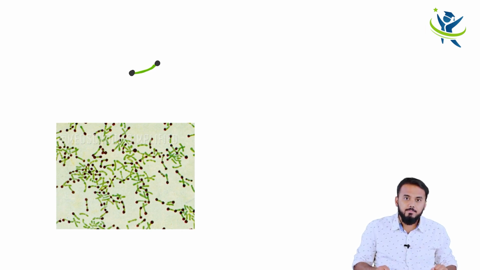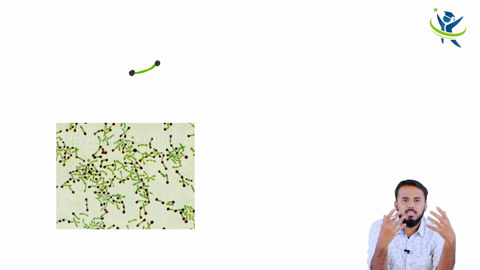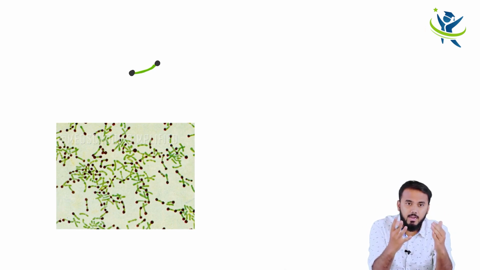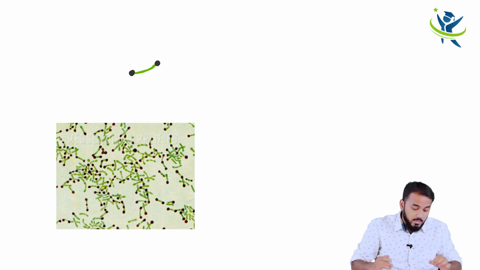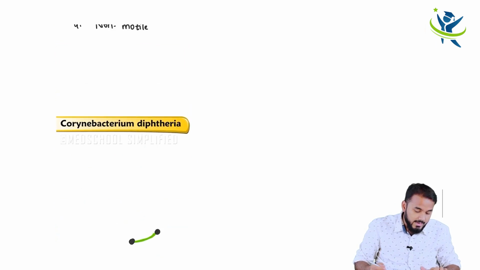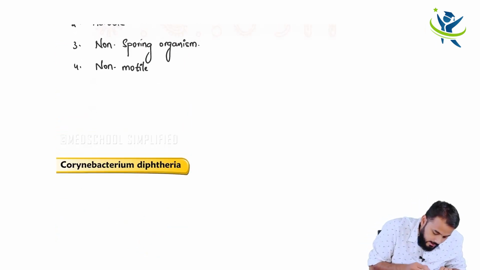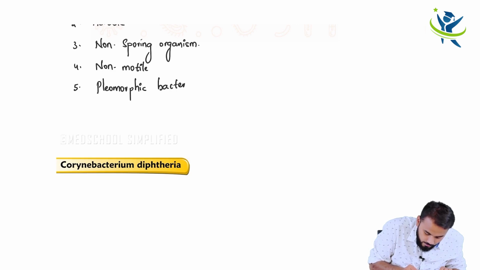If within a slide there are 3, 4, 5 or 6 different shapes and sizes of the same bacteria, that character is called pleomorphism, right? So these bacteria are pleomorphic bacteria.